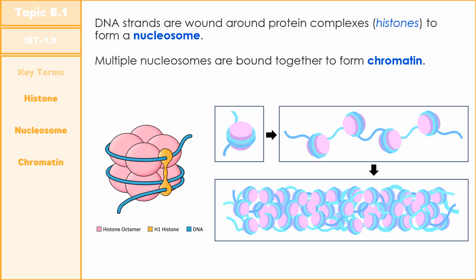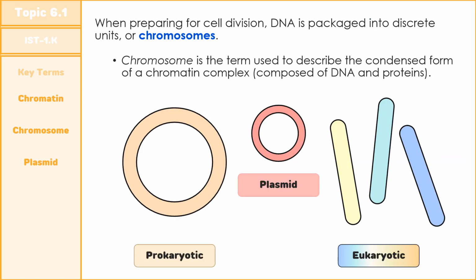When we are getting ready to divide, the DNA existing as chromatin will condense, and as it condenses, it will form what we recognize as a chromosome. This is where our DNA becomes visible. So when we look at chromosomes of different species and different types of cells, they have slightly different configurations.